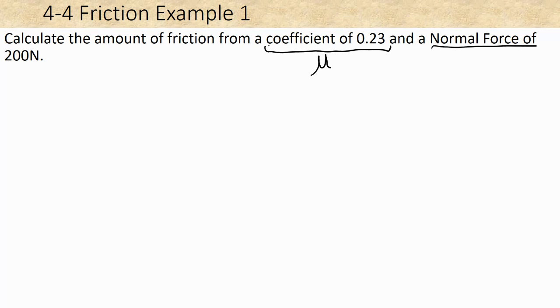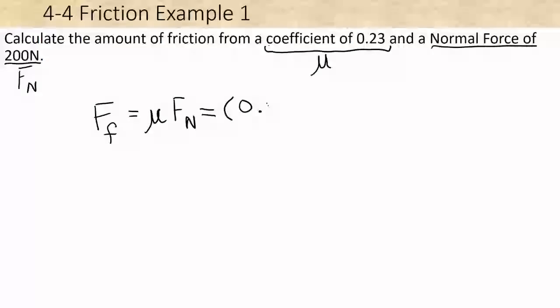And then we're told we have a normal force of 200 newtons. Well, the force of friction is the coefficient times the normal force. So this problem, luckily, is just a plug and chug. 0.23, no unit, times 200 newtons.